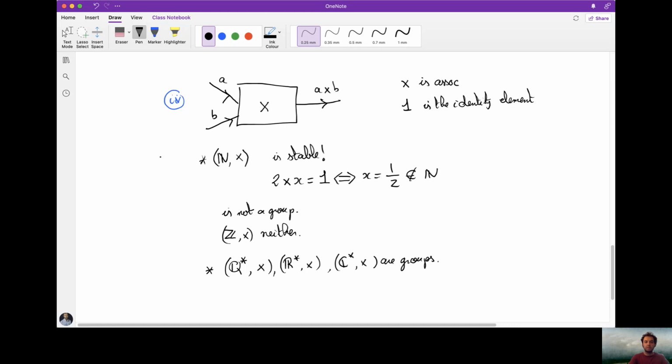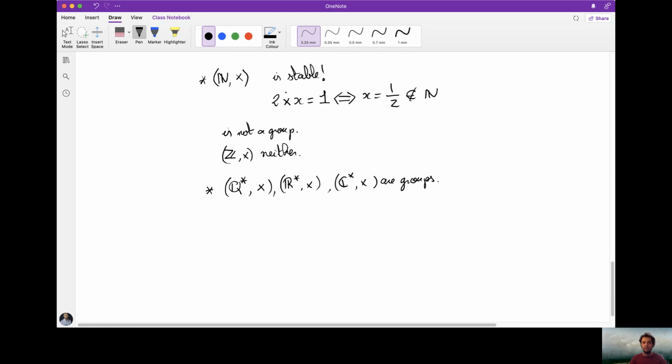Okay, and perhaps a final example, just to show you that this goes well beyond numbers. You can consider functions from R to R. This is usually denoted R^R, the set of functions that go from R to R. You can compose these functions, right?